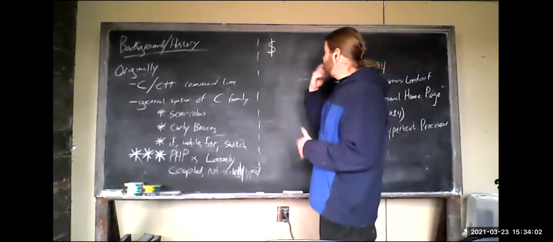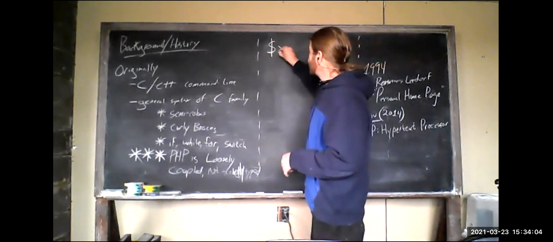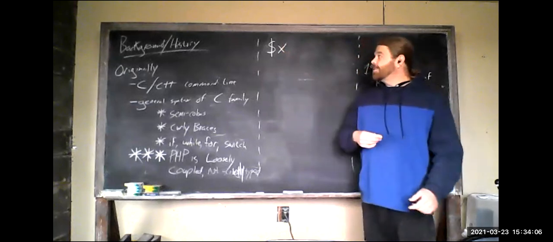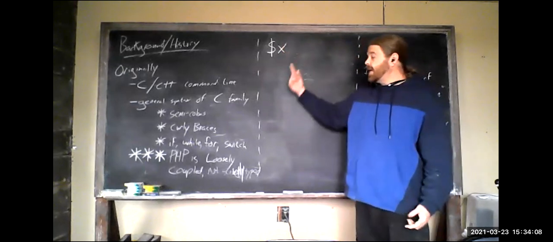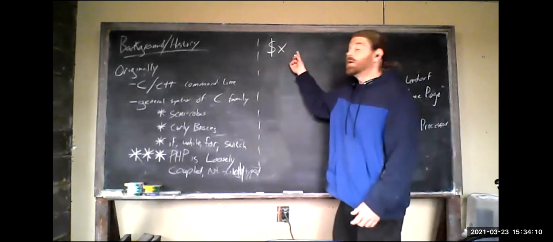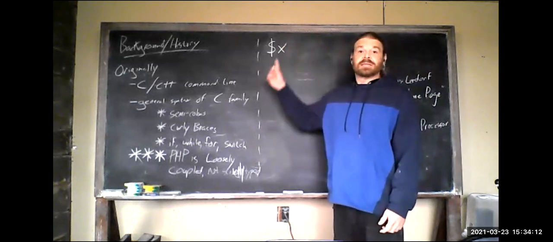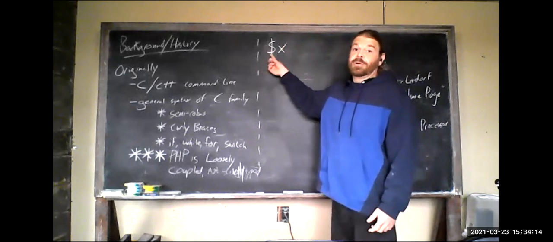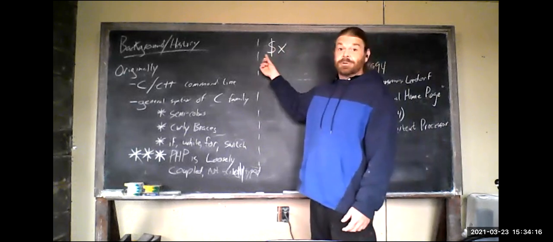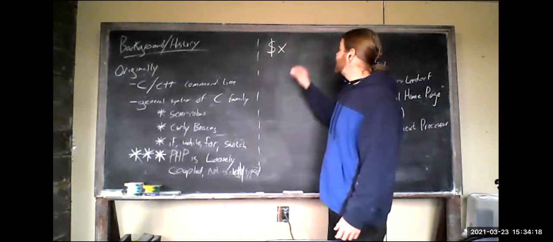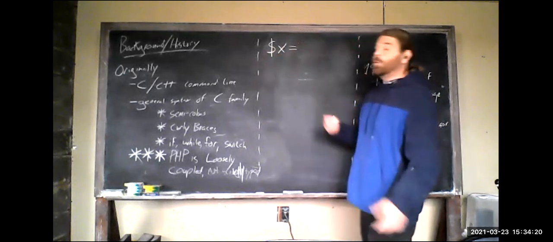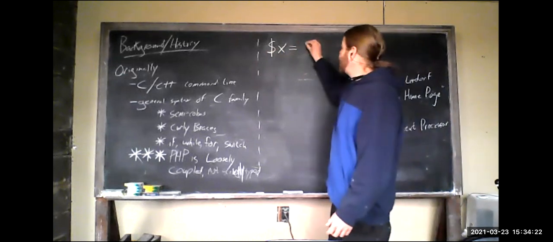So I was using X. So if we wanted the variable X in PHP, or really any loosely coupled language, we put a $ sign beside it. So the $ sign means we have a variable, we have a resource, we can call it X, and then we can put whatever we want in there and change them back and forth.